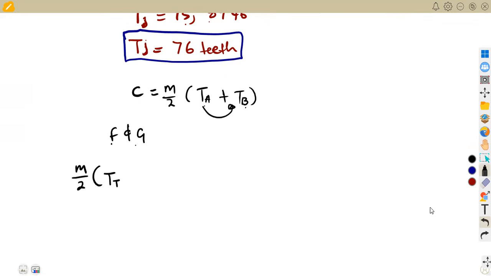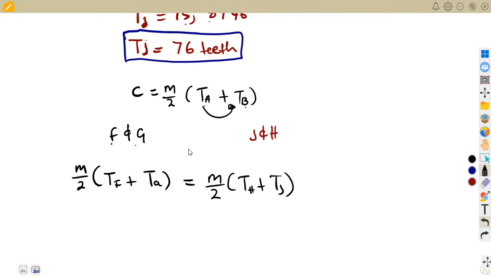This is equal to the other points, which are H and J. Between H and J, we are going to have M over 2 into TH plus TJ.